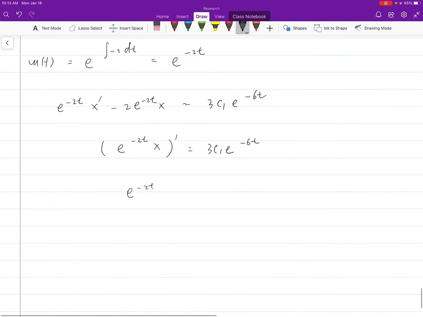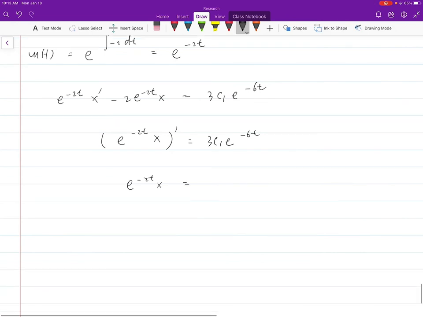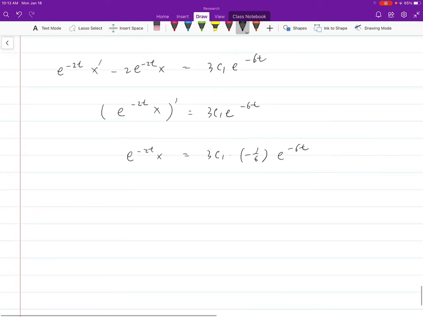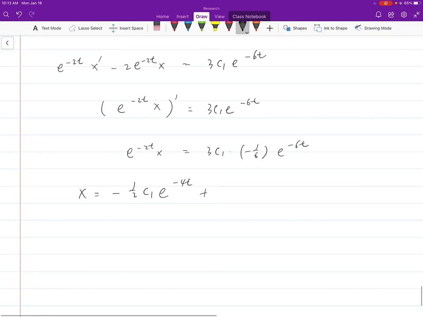Okay, now what you want to do is you want to integrate everything. And finally, you end up with x equals -1/2 C1 plus C2. Here is a C2 when we take the integration.